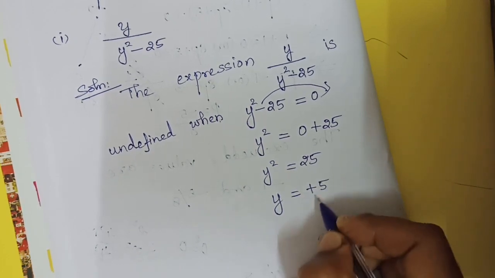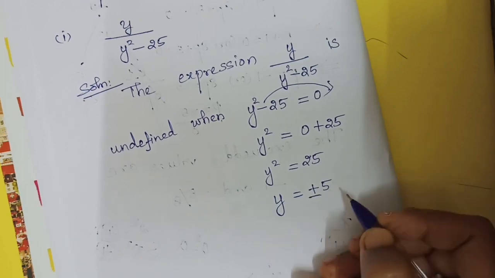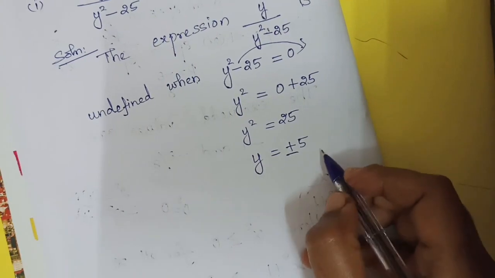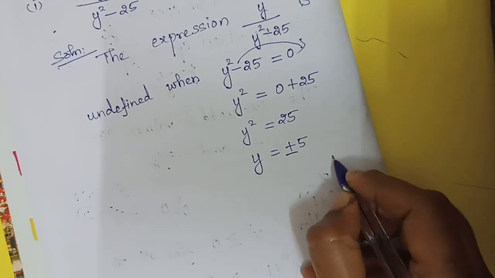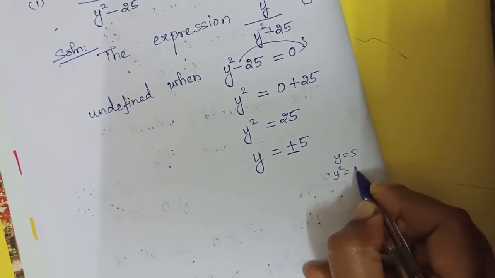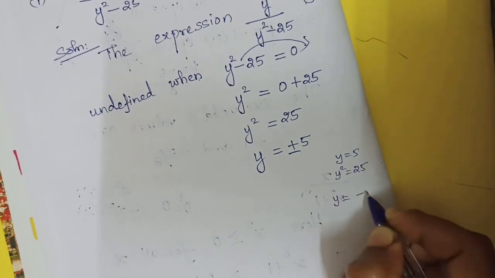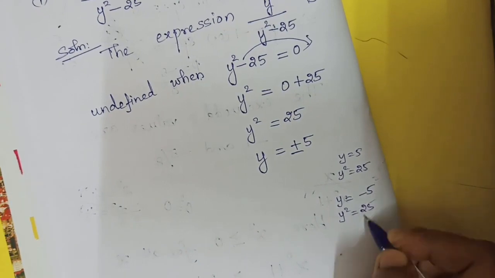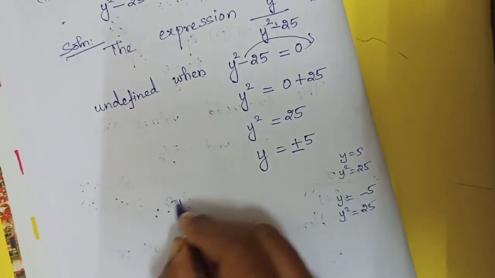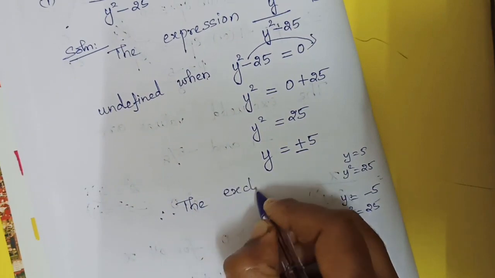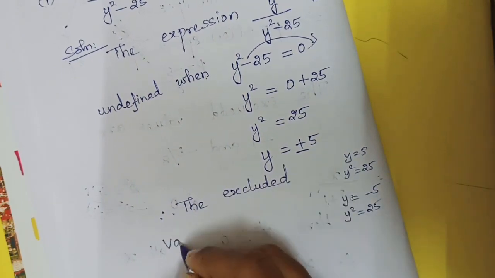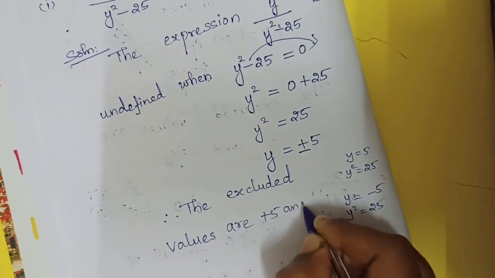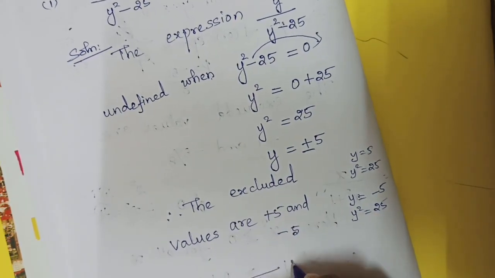Plus 5 is possible, minus 5 is also possible. So y is equal to plus or minus 5. You got the point here? If y equals 5, y square is 25, and if y equals minus 5, y square is also 25. So what are the excluded values? The excluded values are plus 5 and minus 5. That's all.